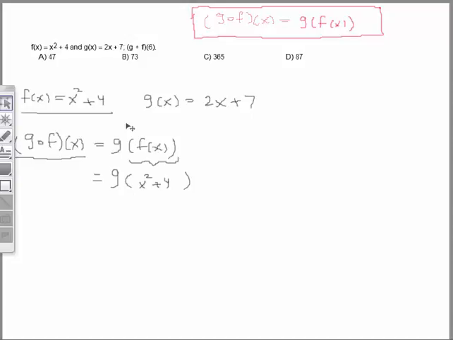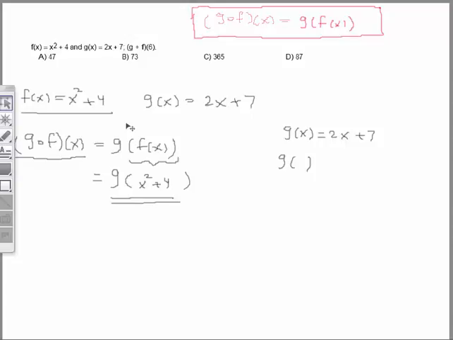That's the question. To know what g of anything is, you have to go back to the g function. g of x is given to me as 2x plus 7. If I know g of x is equal to 2x plus 7, I should be able to find anything else I want.